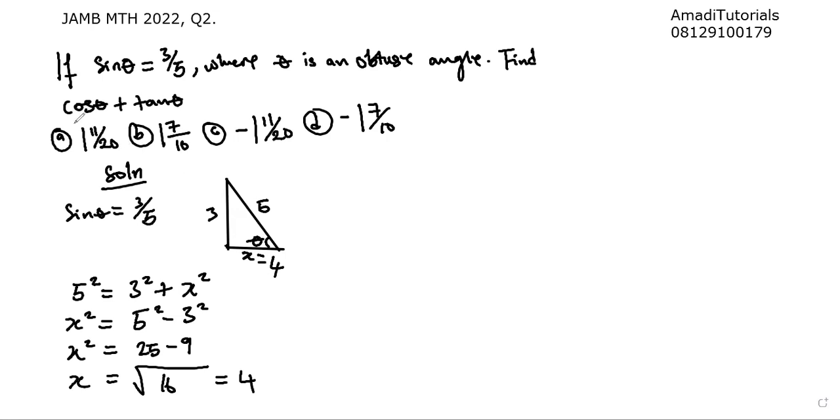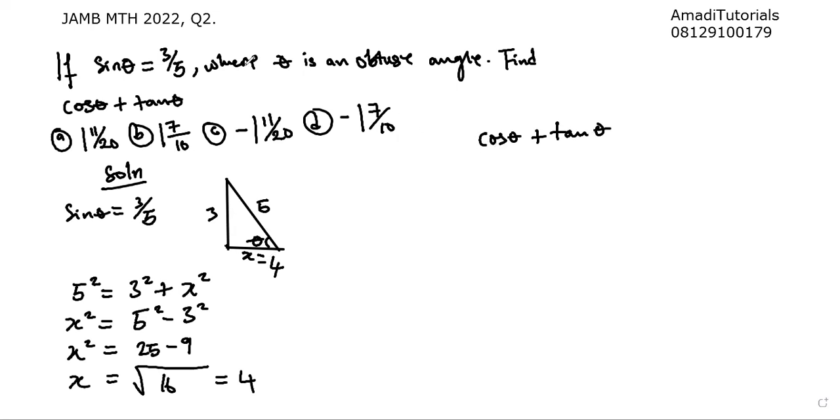Having gotten that, we should now find what? Cos theta plus tan theta. Now it's easy to say, okay, cos is adjacent over hypotenuse, that's 4 over 5, and then substitute, but you don't rush to do that yet.